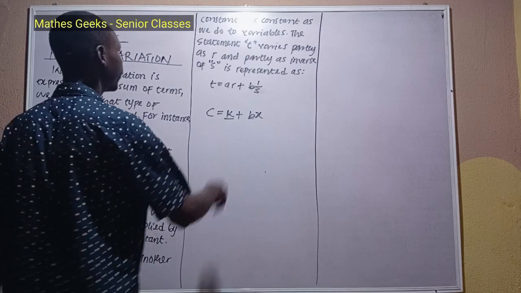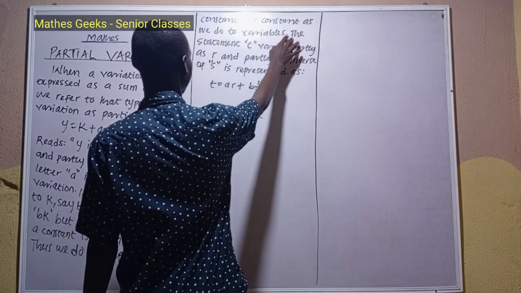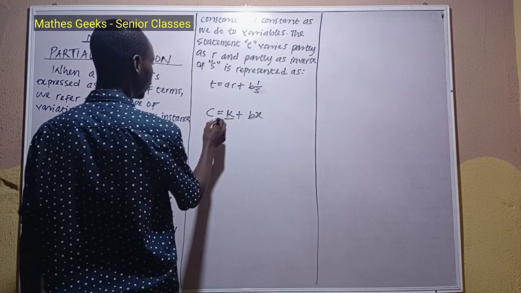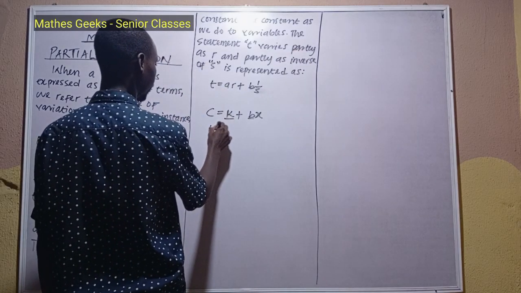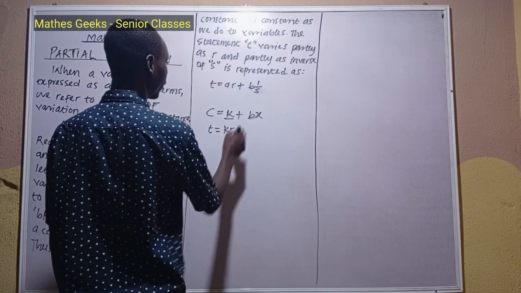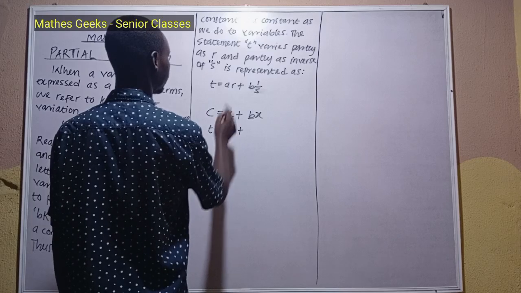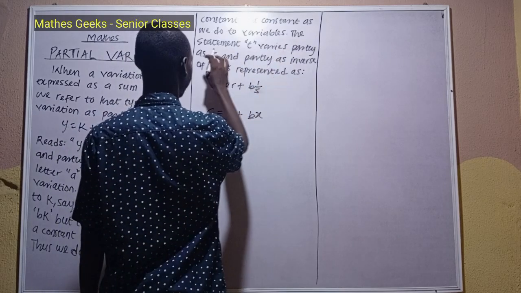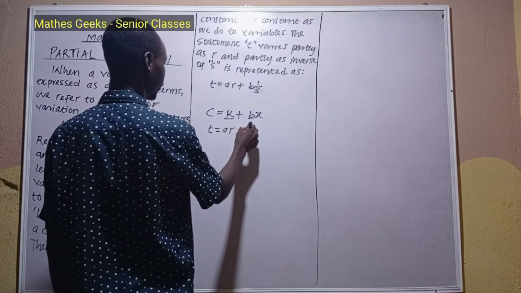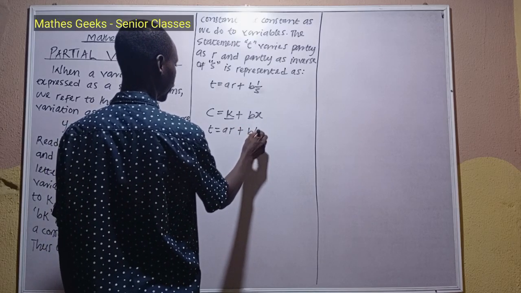But in this case, where the statement says t varies partly as r, t is equal to ar, and partly as the inverse of s, plus b times 1 over s.